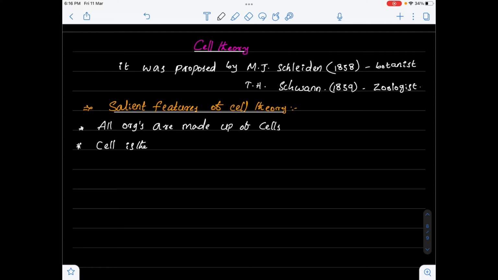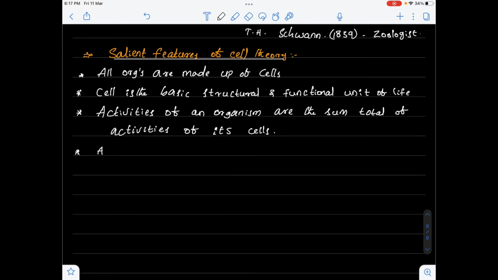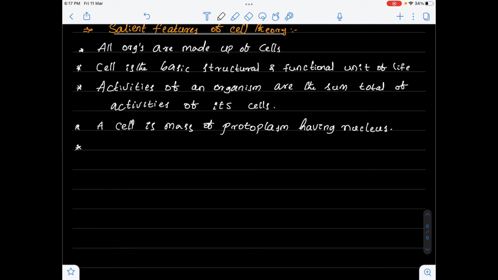They said cell is the basic structural and functional unit of life. Activities of an organism are the sum total of activities of its cells. And they also said that a cell is a mass of protoplasm having nucleus. Cells are similar in basic structure and metabolism.